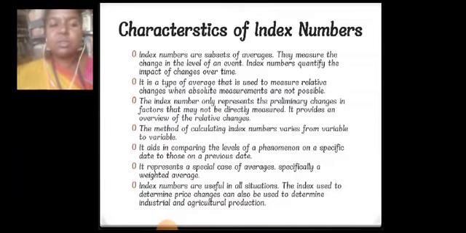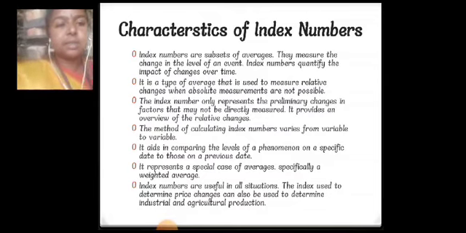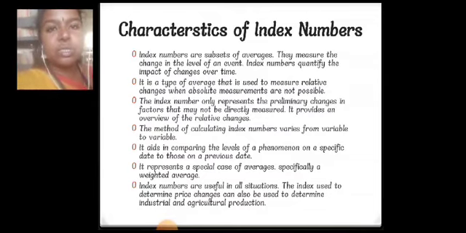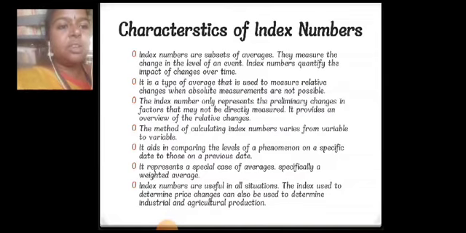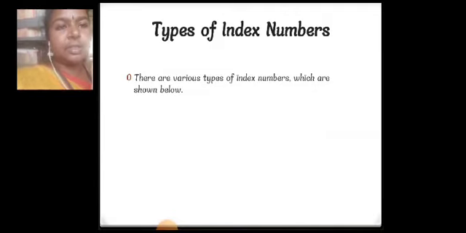Index numbers are also useful in many situations. The index used to determine price changes can also be used to determine industrial and agricultural production.